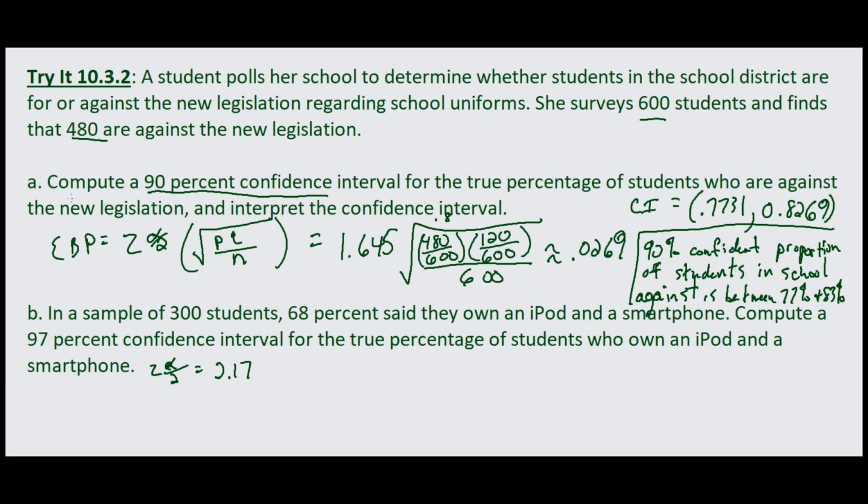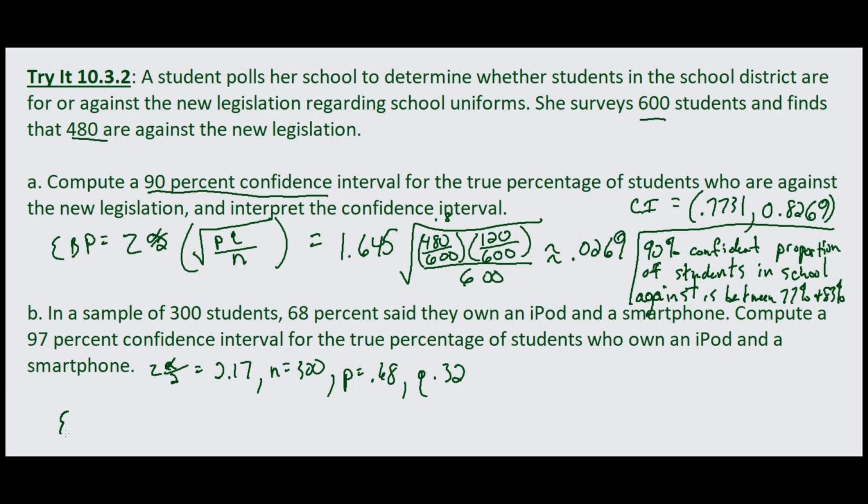So we also know that n equals 300. P we're given as 0.68. Q we're given as 0.32.